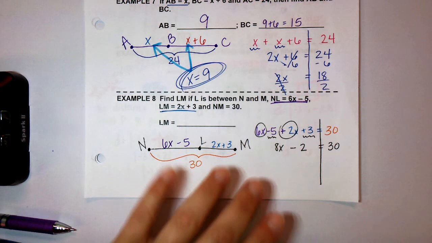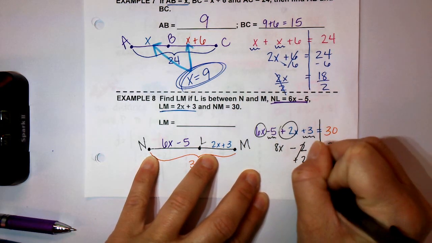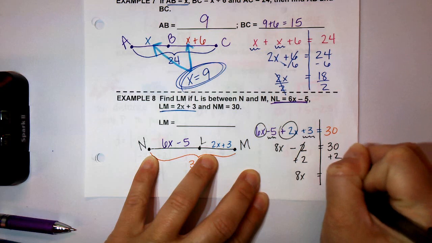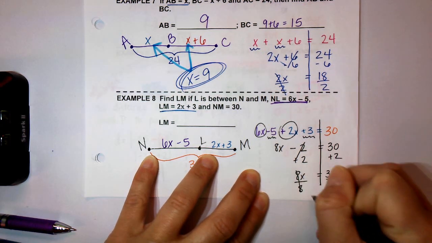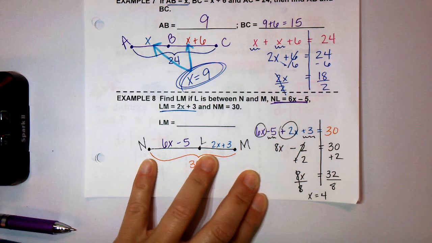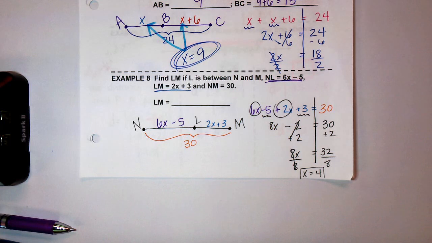We're going to add 2 to both sides. 8x equals 32, and divide by 8. Good, x equals 4. That's way down there. Can you see it? Good. Is that my answer? No, this time they want LM.